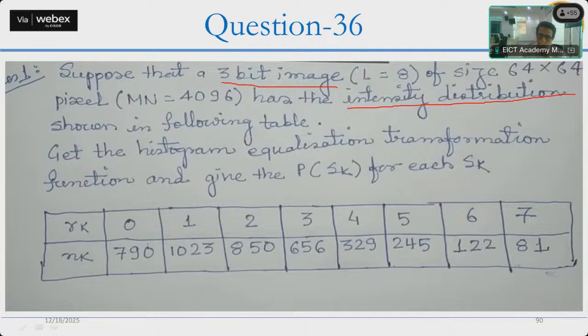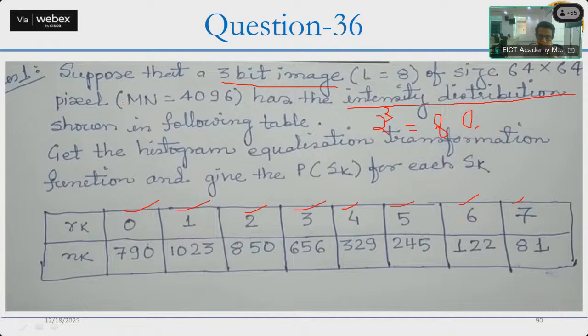It is 2 raised to the power 3, which is equal to 8, right? Once 8 is there, it means it is 0 to 7. So how many levels? 0, 1, 2, 3, 4, 5, 6, 7.